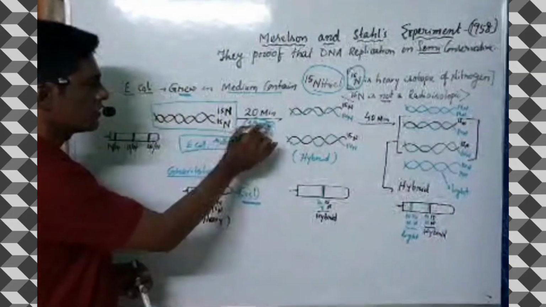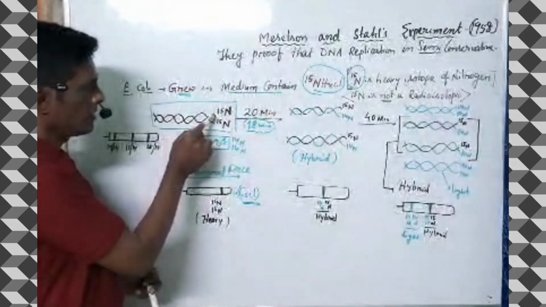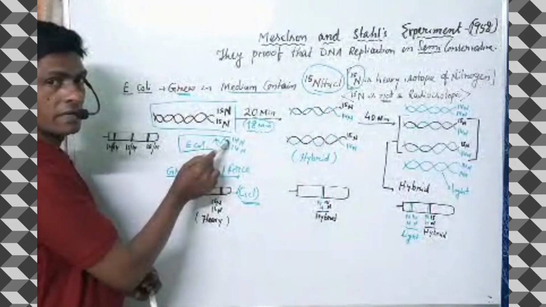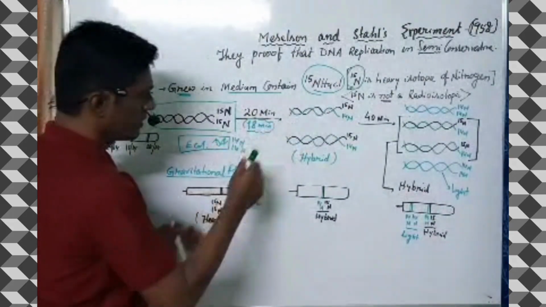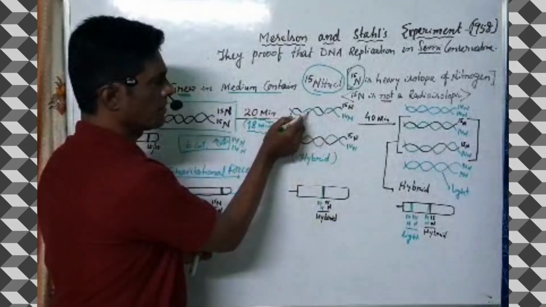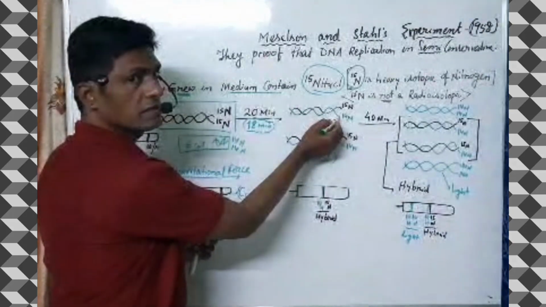So after 20 minutes, what will happen? The heavy nitrogen template of DNA is combined with a light N14 template and they produce one hybrid. We can observe that the black color is the heavy nitrogen and the green color is the light.